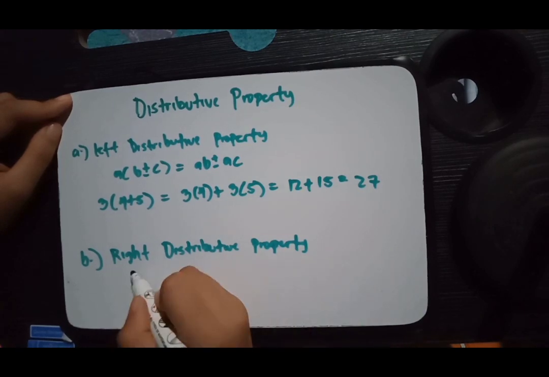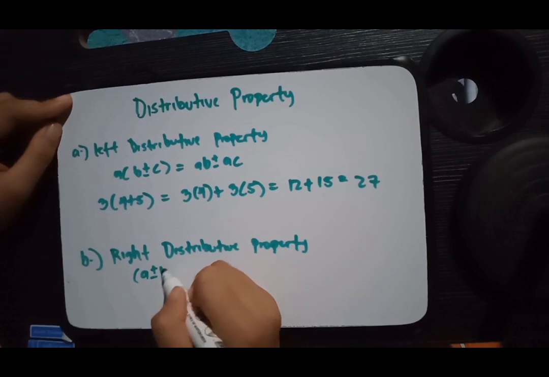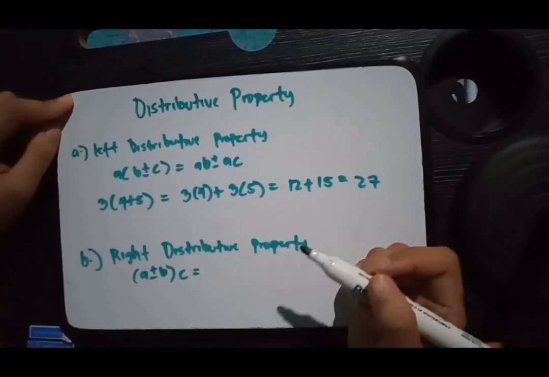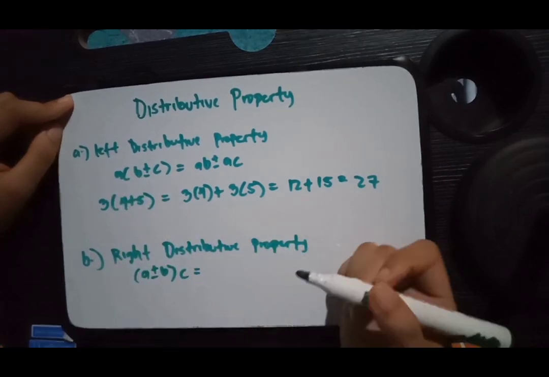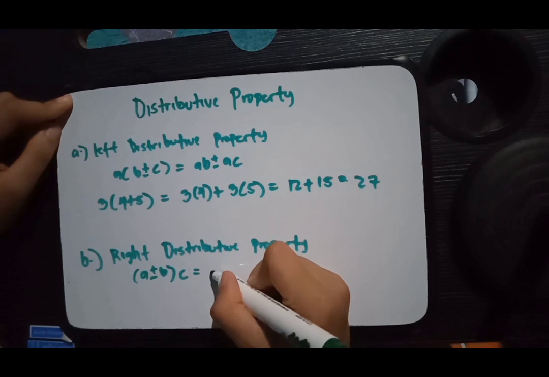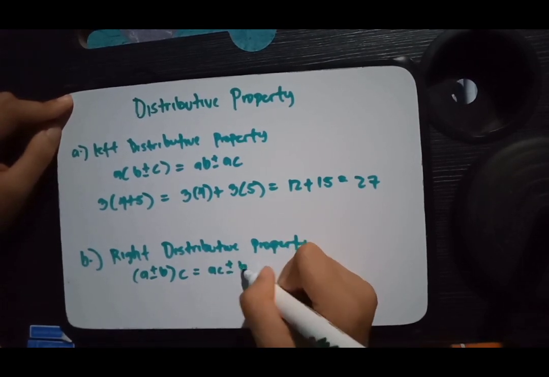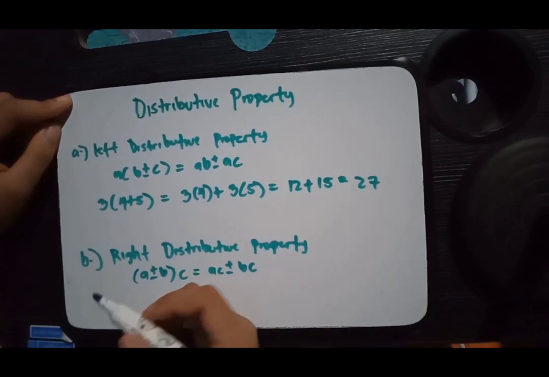So, in right distributive property, we have the quantity of A plus or minus B times C is equal to AC. So, kung kanina yung multiplier ay nasa labas and yung A yung multiplier, ngayon naman yung C ang multiplier. So, equal to AC plus or minus BC.